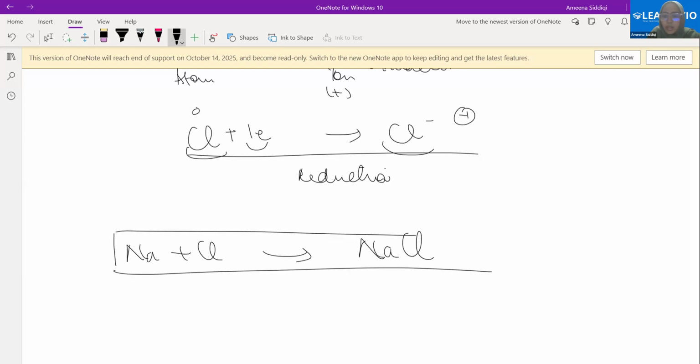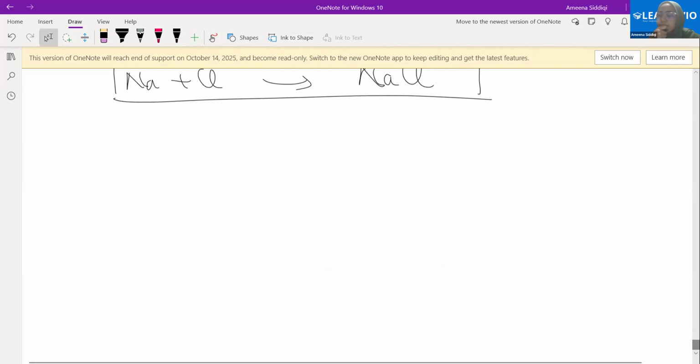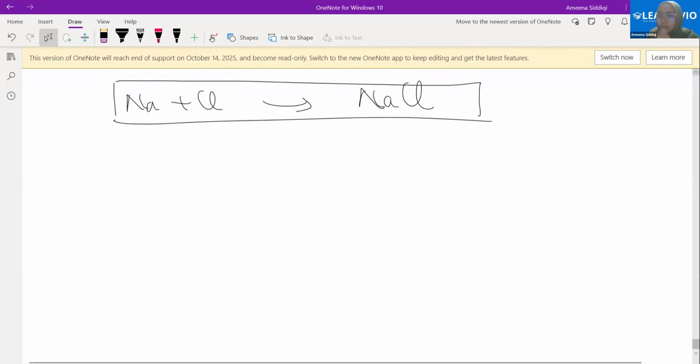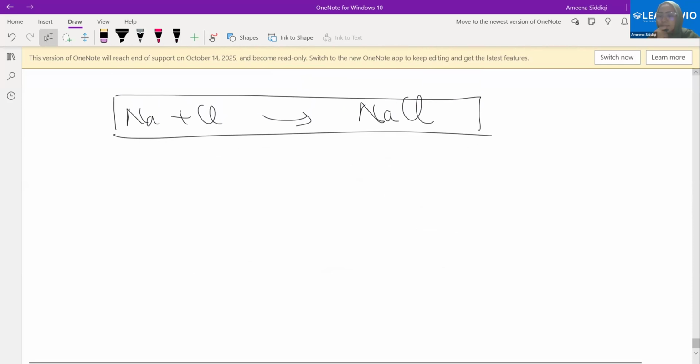This is a reaction. Now tell me what is happening here. Here, Na is in the elemental form, so the oxidation number is 0.